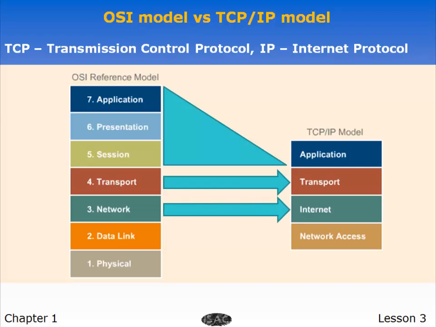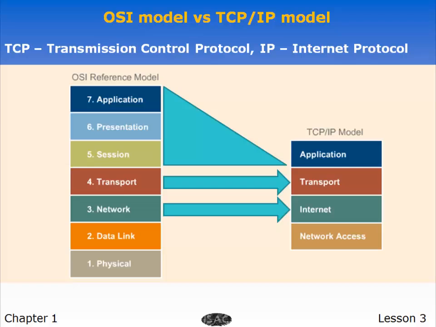Next one, the network layer. As we can see, on the left hand the 3rd layer is the network layer. On the right hand side, the network layer is renamed, and its name is the internet layer.